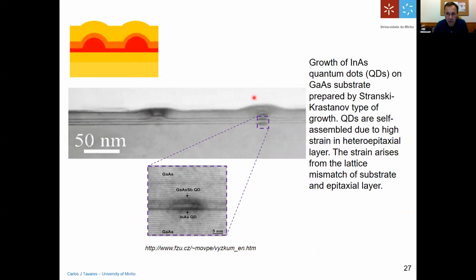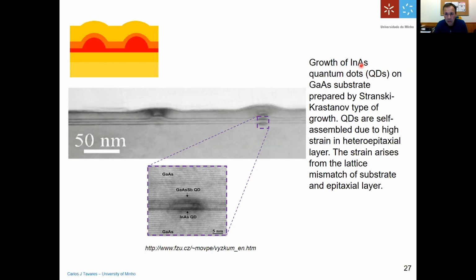Here's a nice example that I like to give. It's an example of this mixed type two-dimensional then island growth. So you start off with a gallium arsenide substrate, and you have the growth of indium arsenide quantum dots. And these quantum dots can function as LEDs, they can emit light.